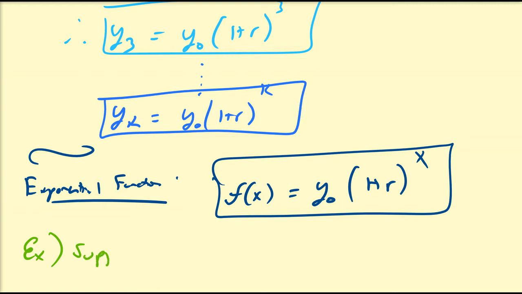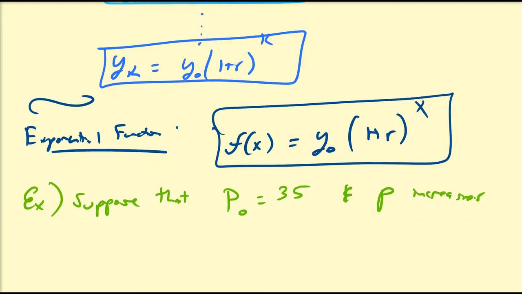So let us suppose that P0 represents the initial population of some bacteria or something, and let's assume that's equal to 35, and P increases by 43.5% each year.